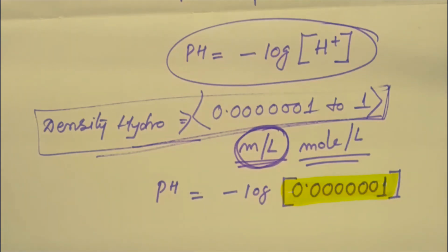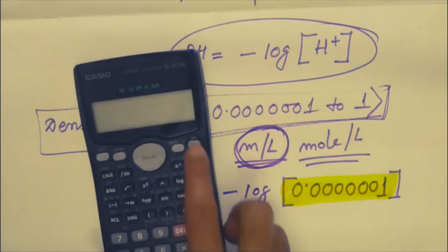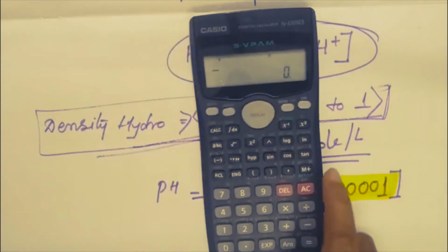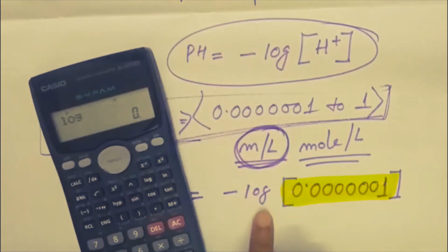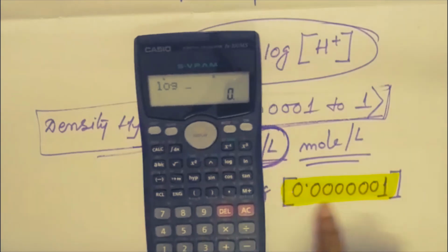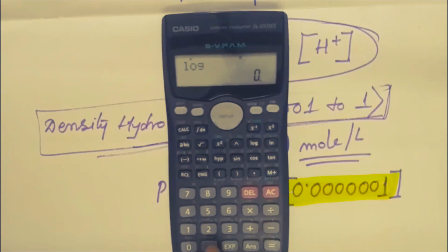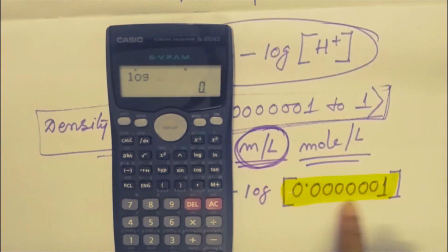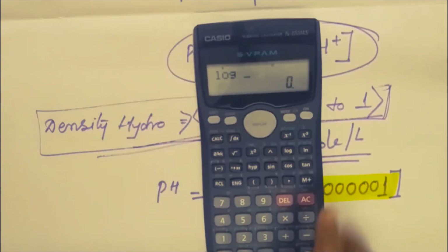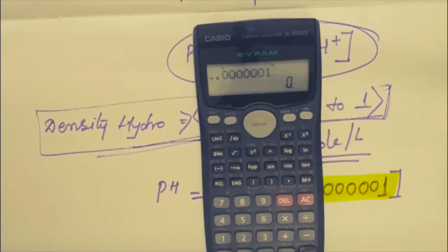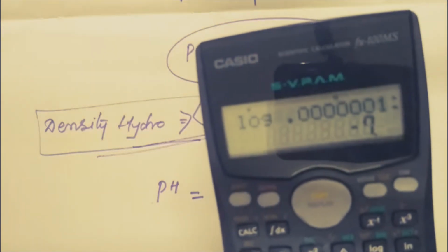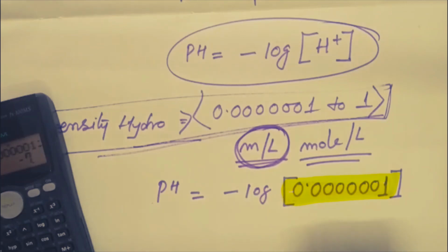Take a scientific calculator, press log, because there is a log, and identify this negative logarithm value. Enter the molar density of hydrogen, moles per liter, and then equals, this is -7. So write the -7.